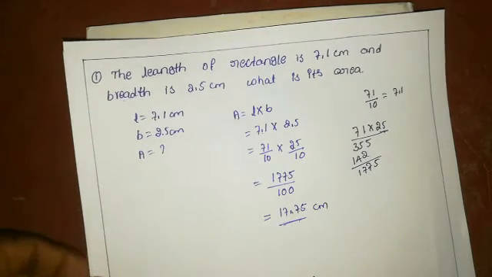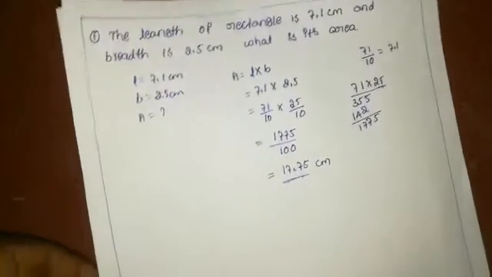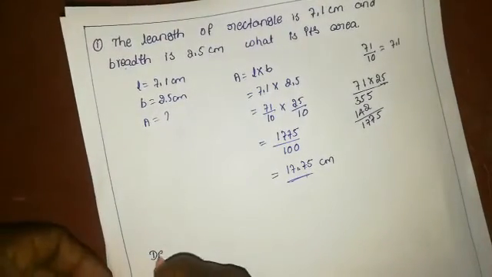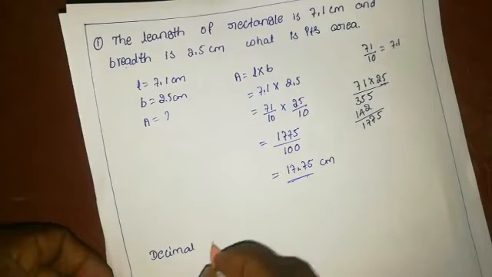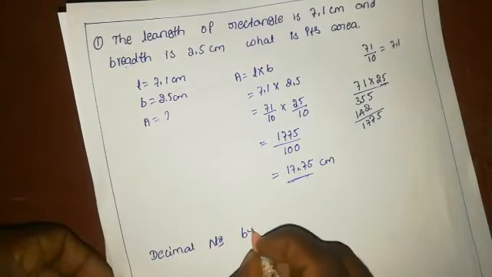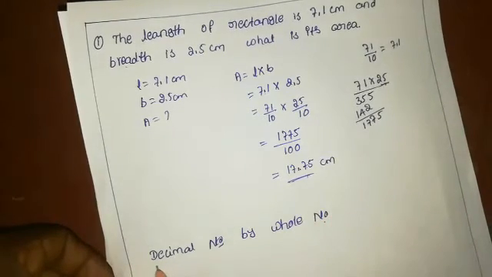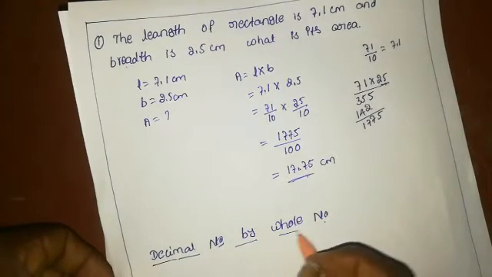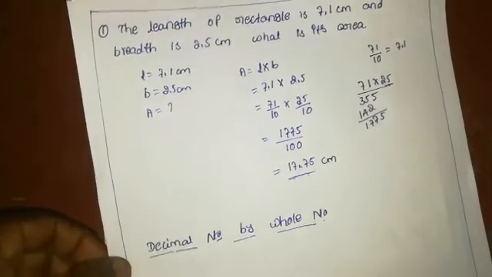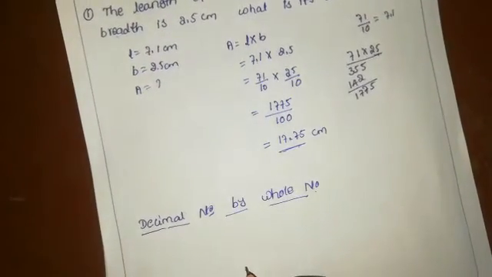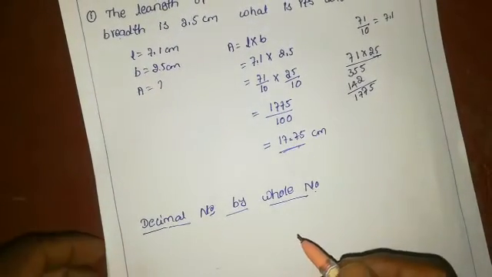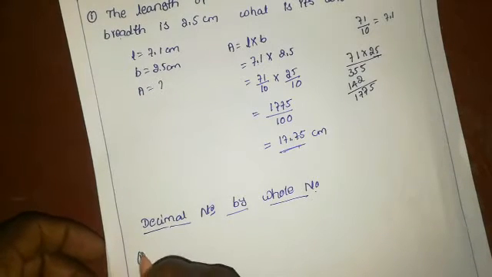Next, how do you multiply a decimal number by a whole number? For example, we have to multiply 0.5 into 4.